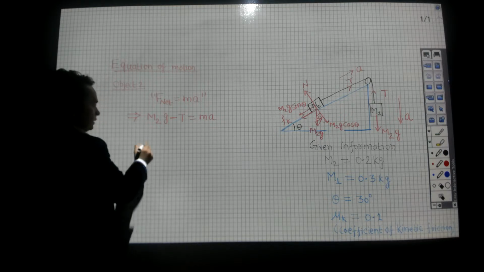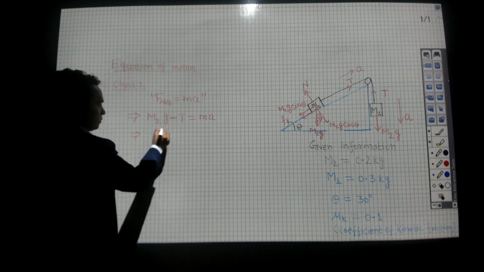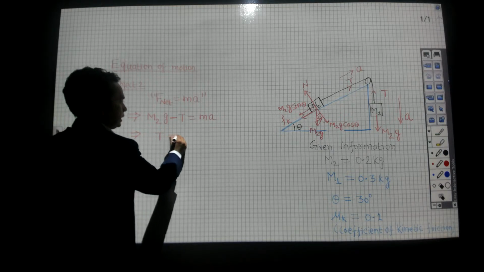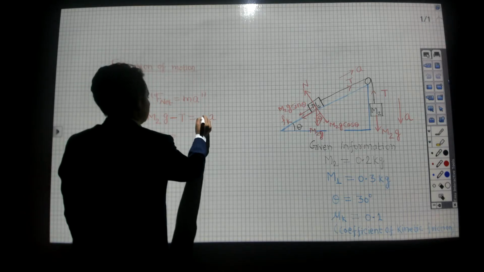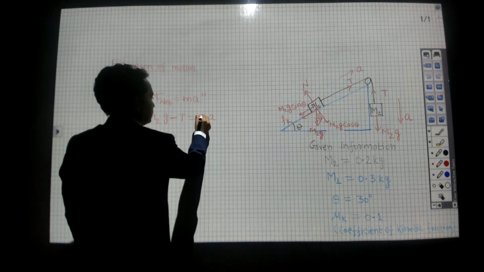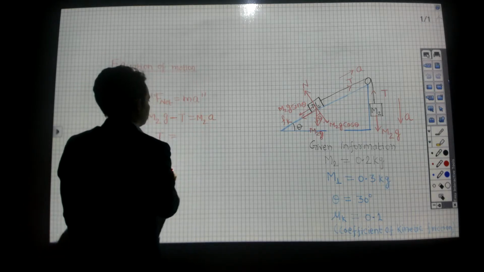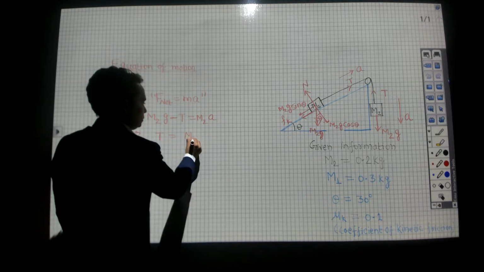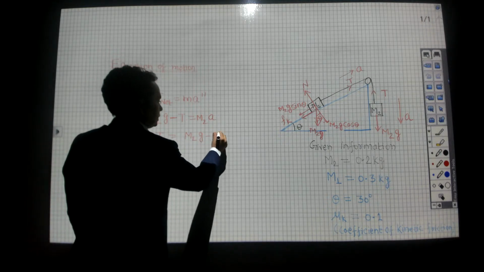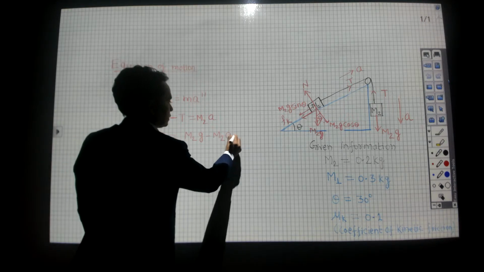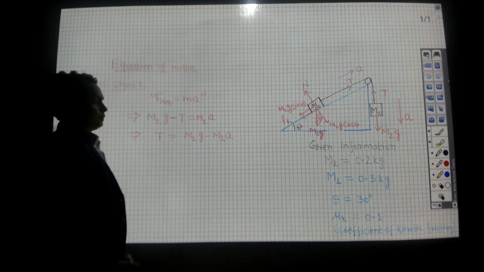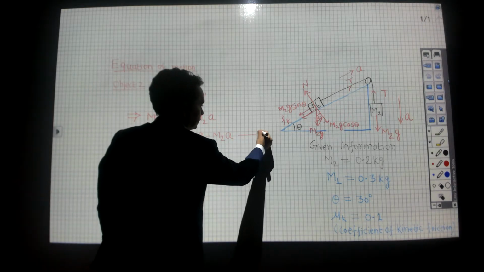If I solve for T, it will be m2g minus m2a. This is my first equation.